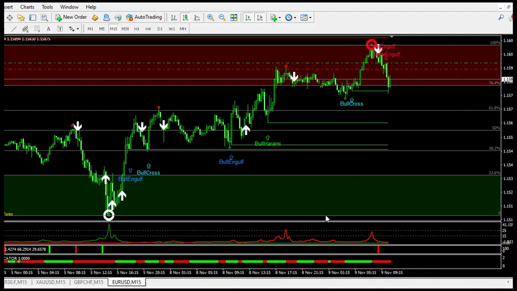This is for a sell, and this zone is for a buy. Once this is met, that is the number one thing you should look out for. Once this condition is met, then you look out for the next indication.